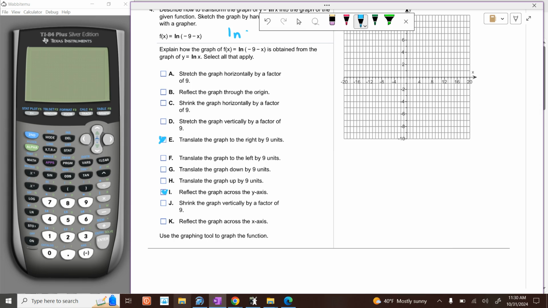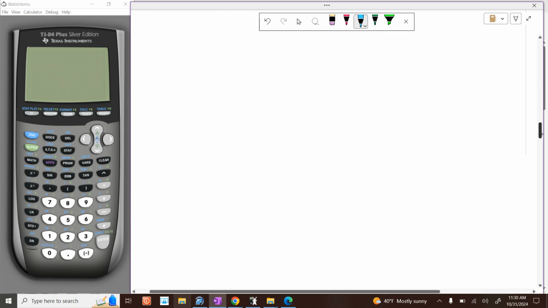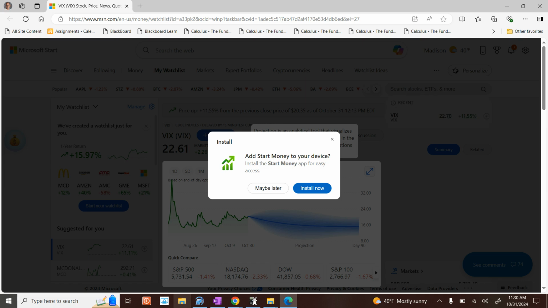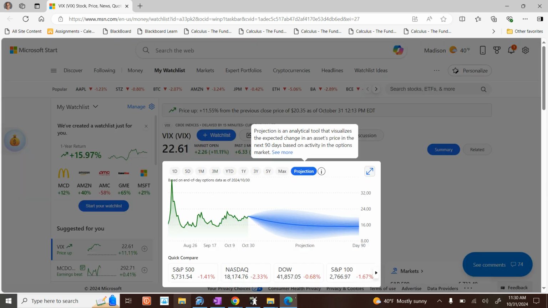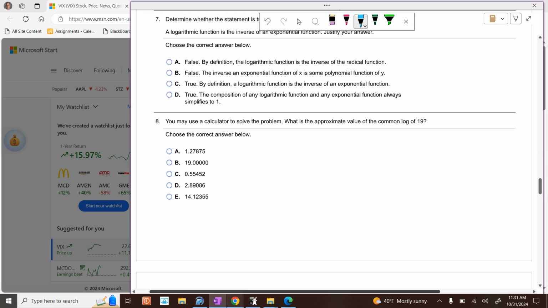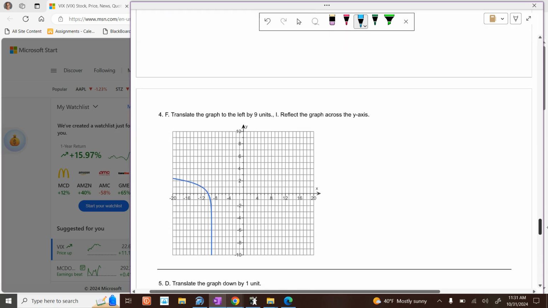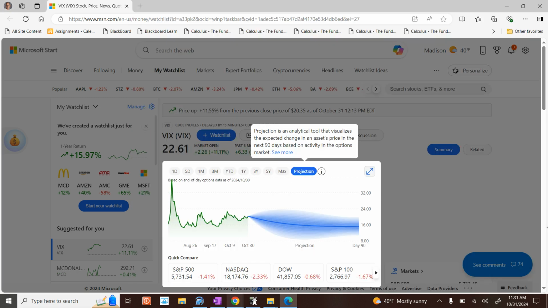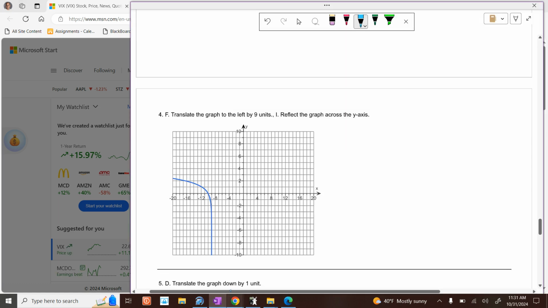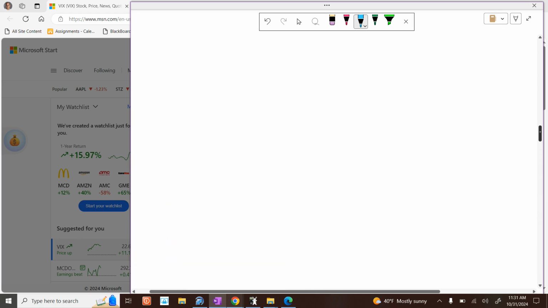What? I thought it was right. I think it's just flipping it and then translating it in the wrong direction. Translate it left by 9, reflected across the y-axis. So this is what they did. And I don't know what is going on with my computer right now.